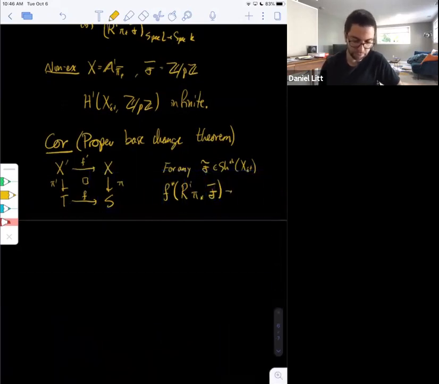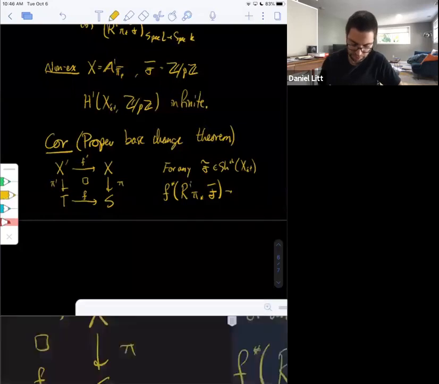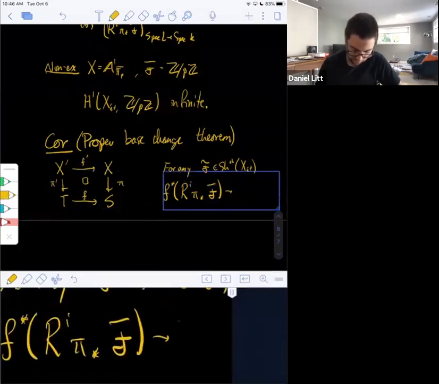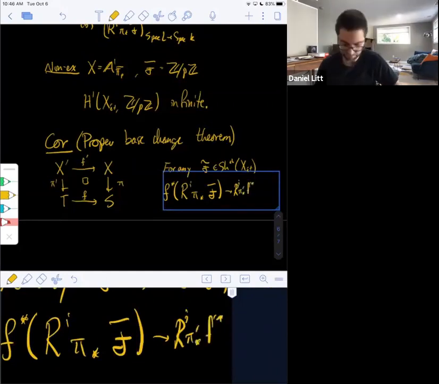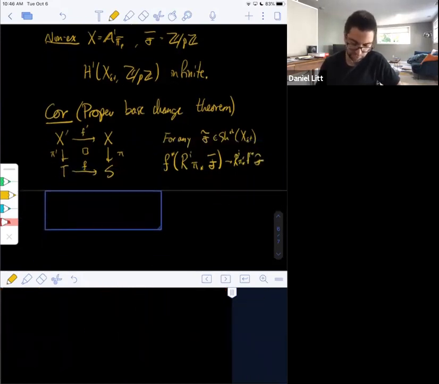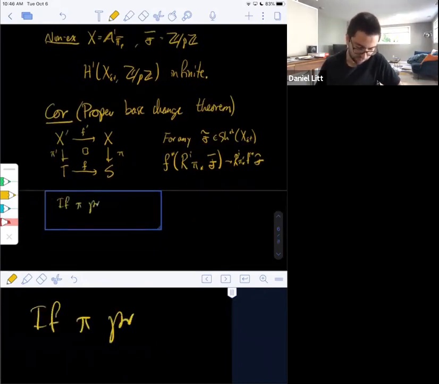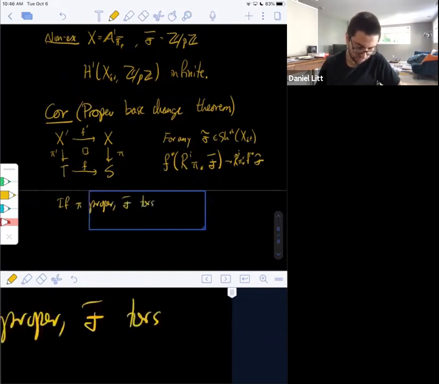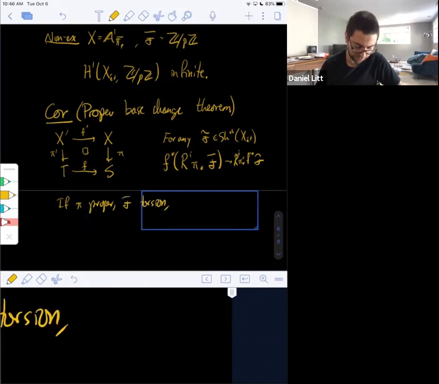So this is we push forward and then pull back to T. So the other thing we could do is pull back and then push forward. And this maps to R^i pi prime lower star of f prime upper star of F. Okay, so there's a map like this, and the theorem is that if pi is proper and F is torsion, then this map is an isomorphism.